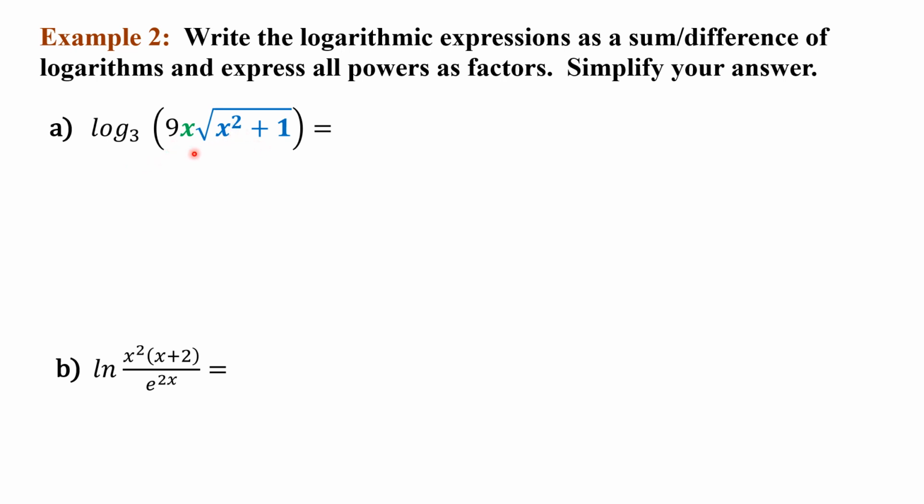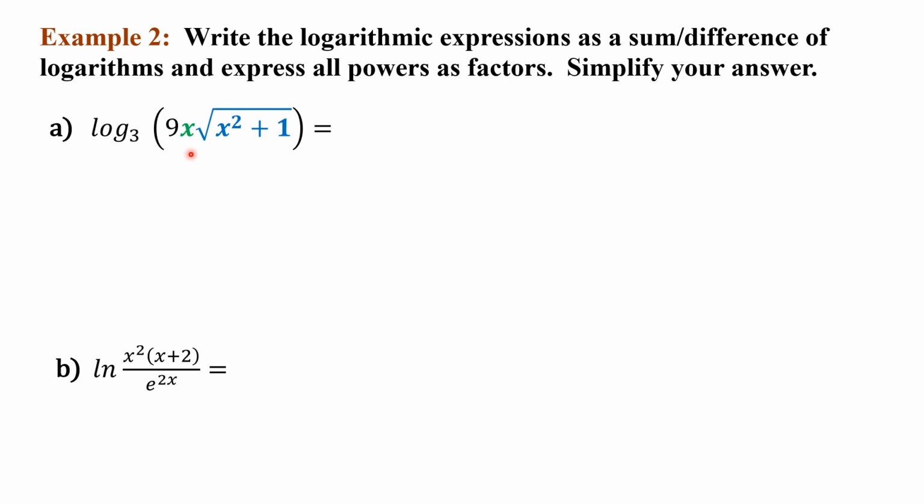As you can see, I put the colors on 9 and x and square root of x squared plus 1, meaning this is the product of three functions. The first is 9, the second is x, and the third is square root of x squared plus 1. Since all of this is a product, we can apply the product property at the same time. So it's a log of these three functions. So log of the product is equal to the sum of these logarithms.